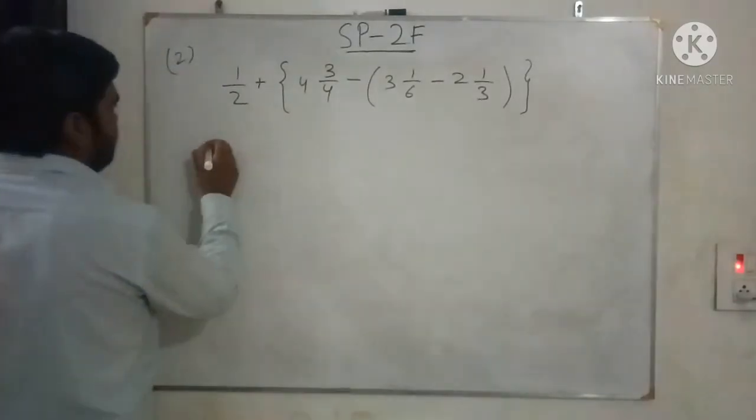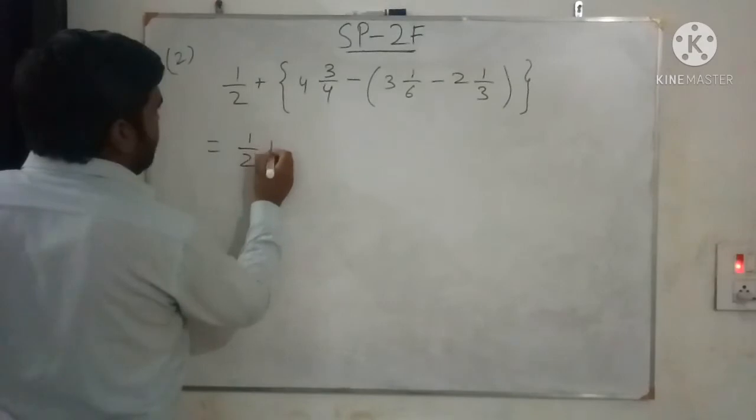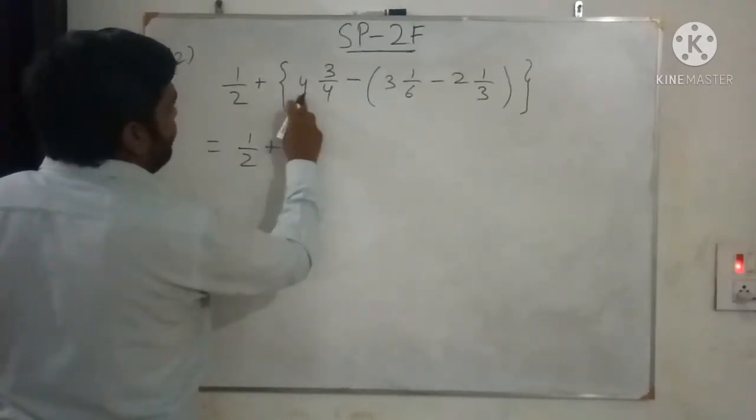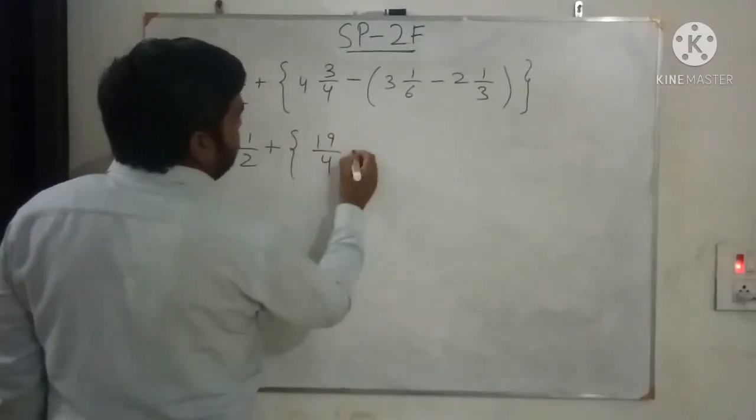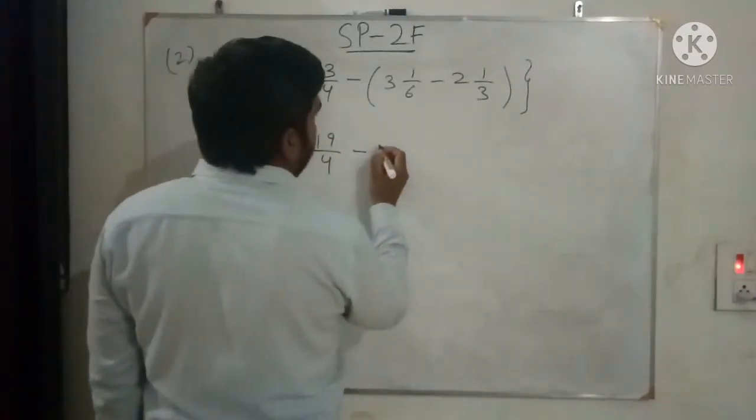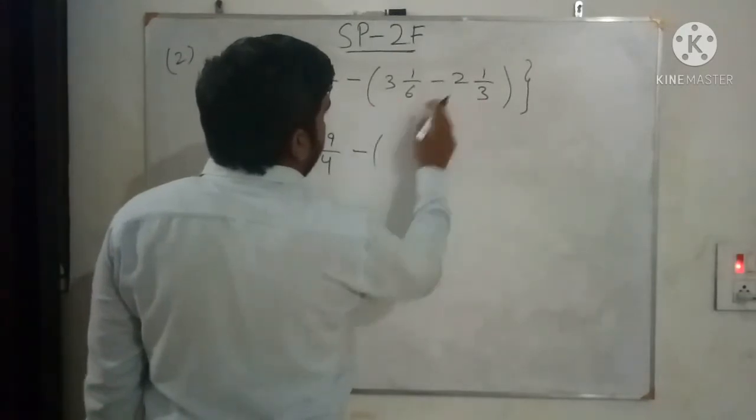So see, 1 by 2, 4 4s are 16, 3, 19 by 4. Now here you can solve directly: 3 minus 2 gives you 1.